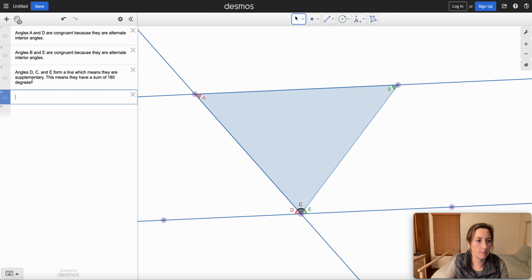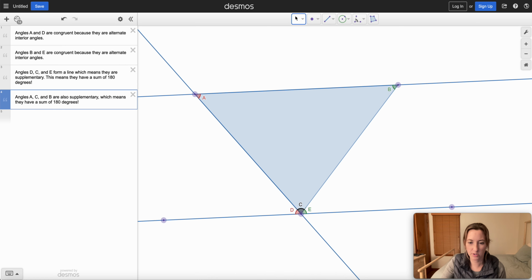So I now know that angles A, C, and B are also supplementary, which means they have a sum of 180 degrees.